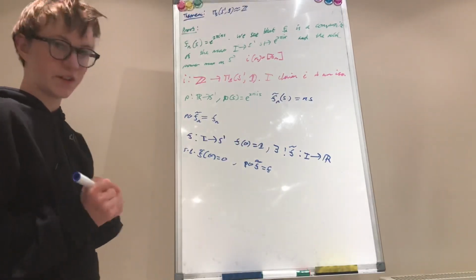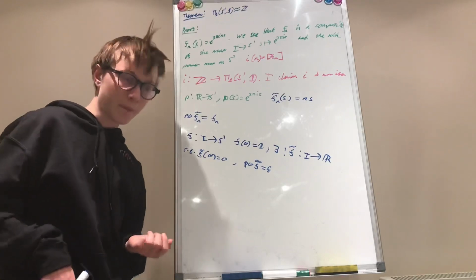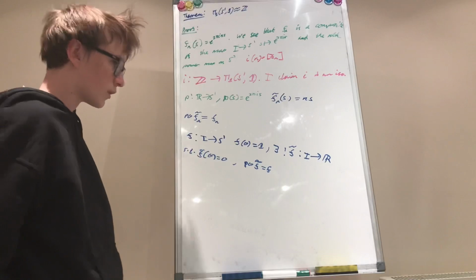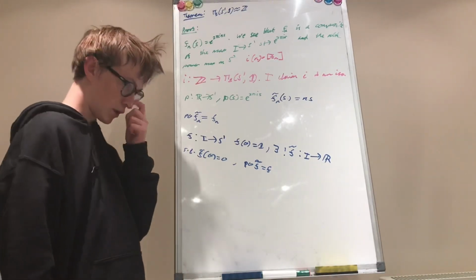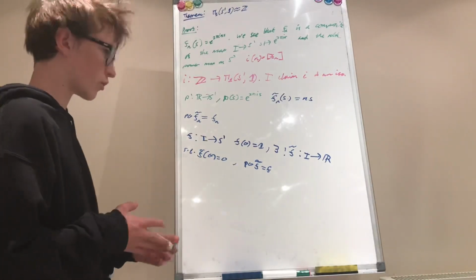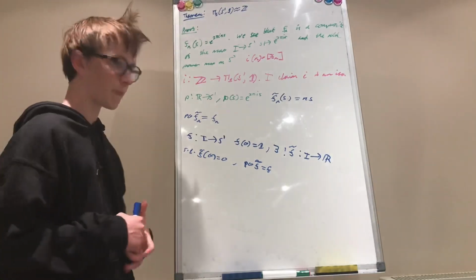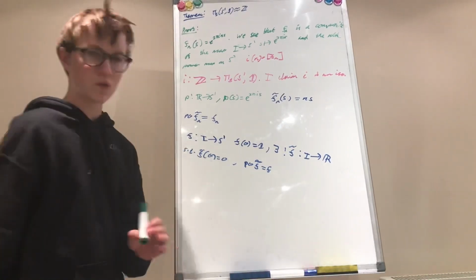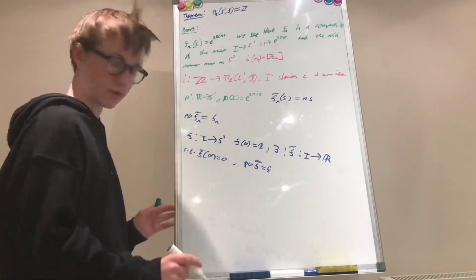And why is this? Well, we know that the pre-image in R of some small connected neighborhood in S1 is a disjoint union of a copy of that neighborhood. So let's just write some stuff down.